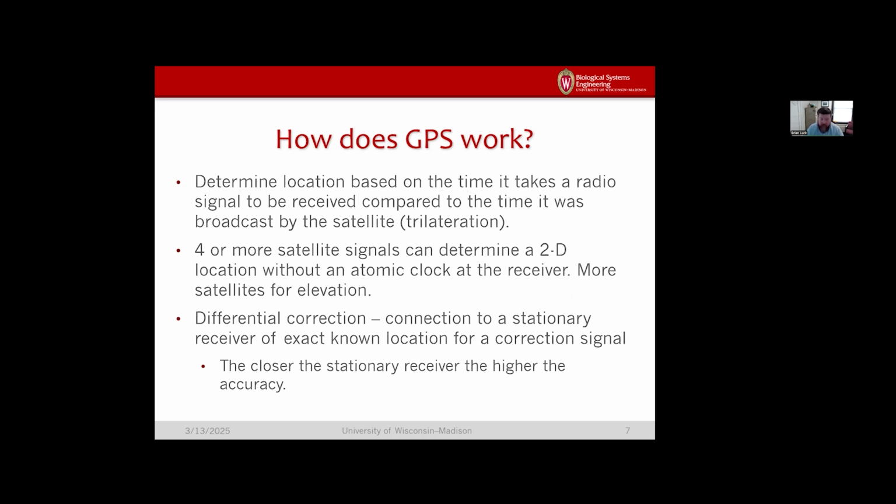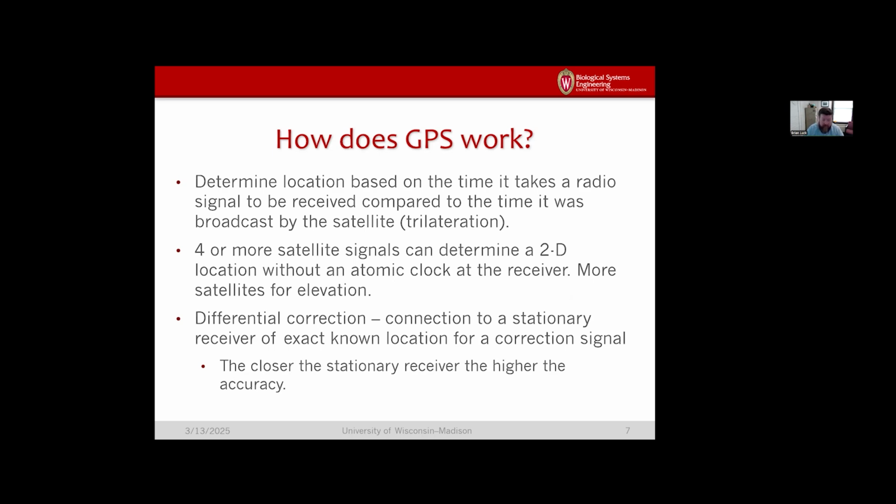Okay. If you have three satellites, you would be required to have an atomic clock on the receiver. If we had three satellites only, it takes four to eliminate the need for that and be able to calculate the clock error based on the fourth satellite signal to give you a 2D representation of where you're at, X and Y, so lat and lon in this case.